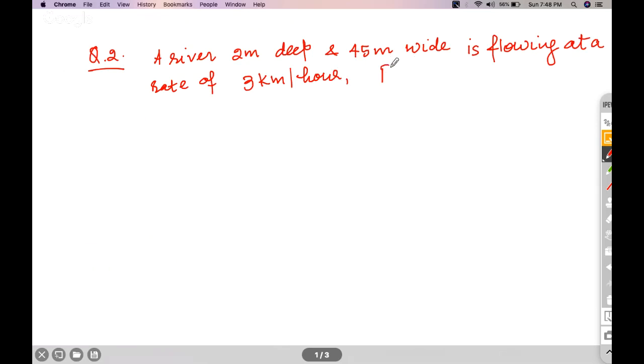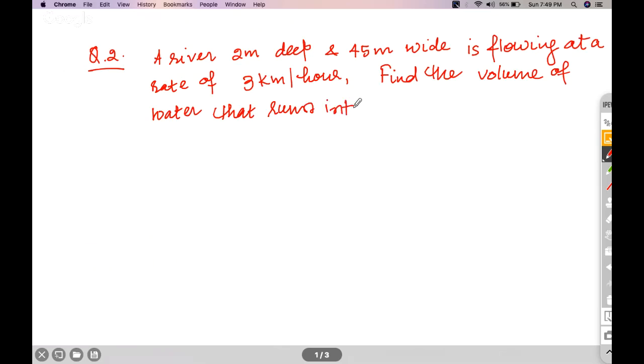Find the volume of water that runs into the sea per minute.